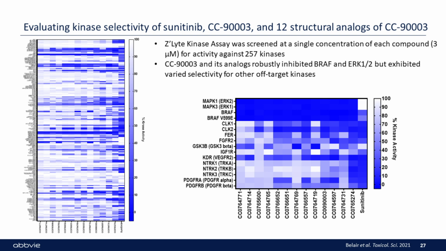So you can see on the panel on the right, all of the compounds, with the exception of sunitinib, potently inhibited ERK 1 and 2 activity as well as BRAF activity. However, they exhibited a range of specificities against these other off-target kinases.